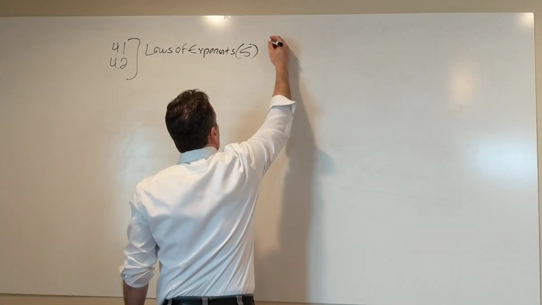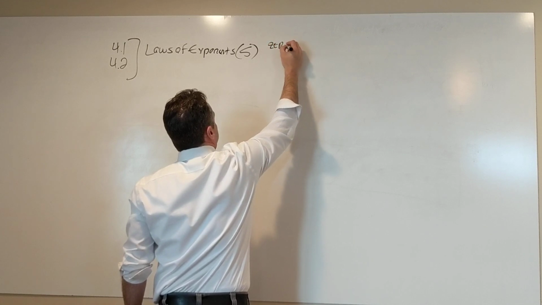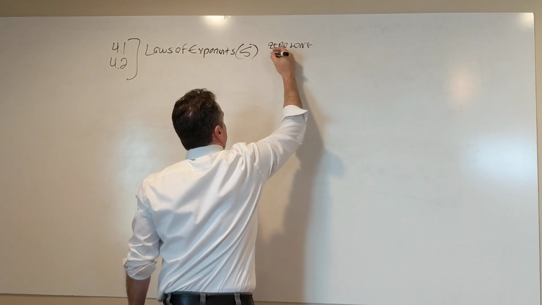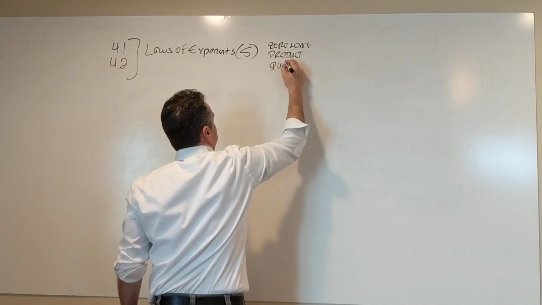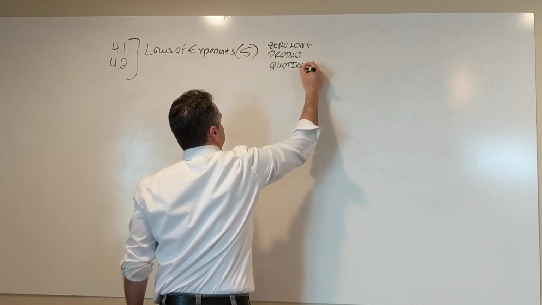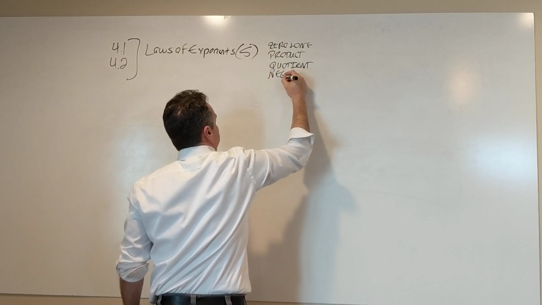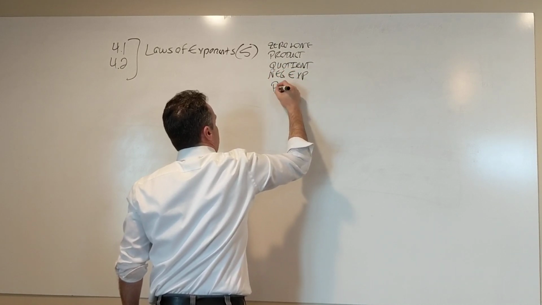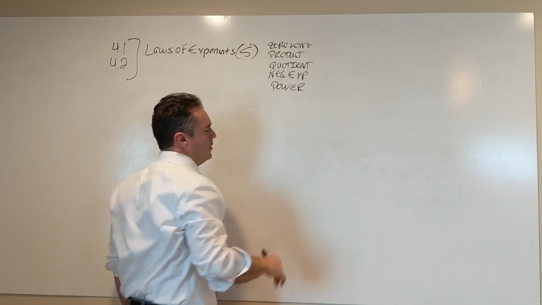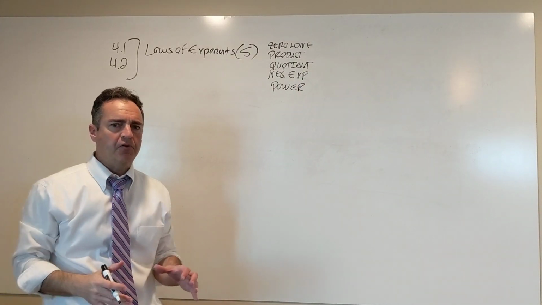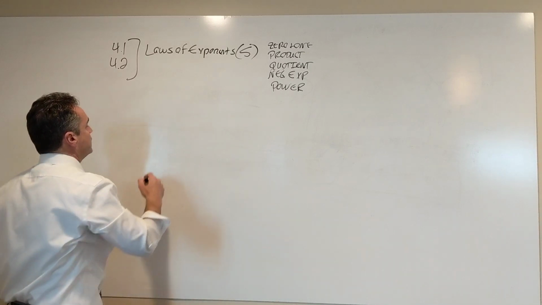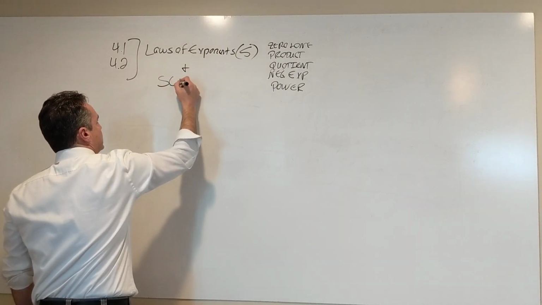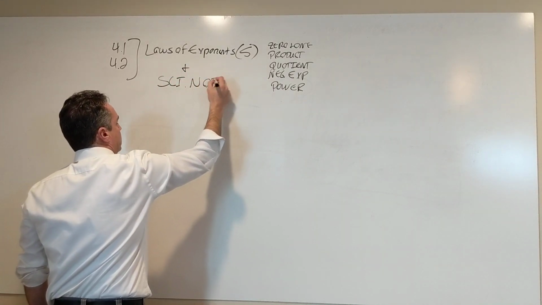There was the 0 and 1 rule, the product rule, the quotient rule, the negative exponent rule, and the power rule. All this stuff you have in your notes. Those are the 5 laws of exponents. And we also talked about scientific notation.